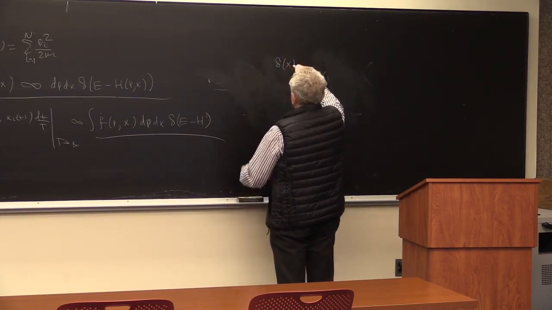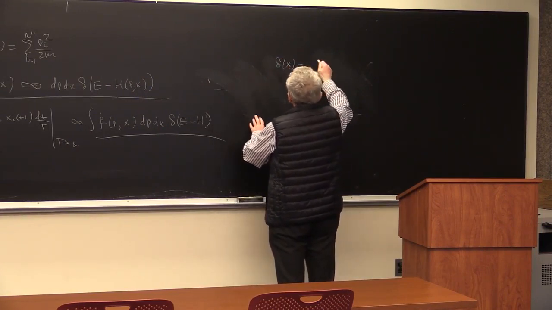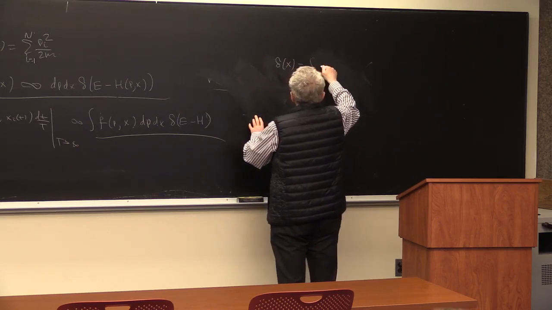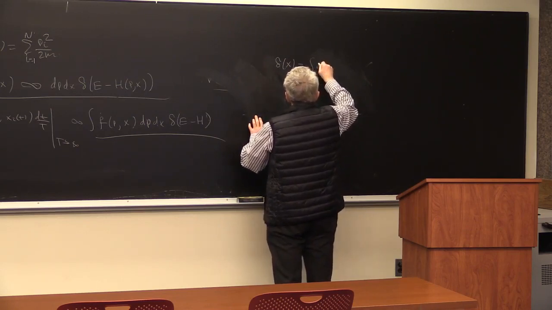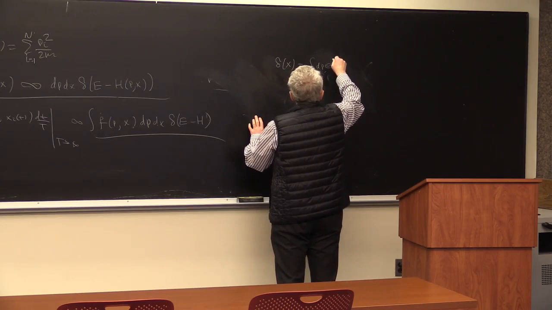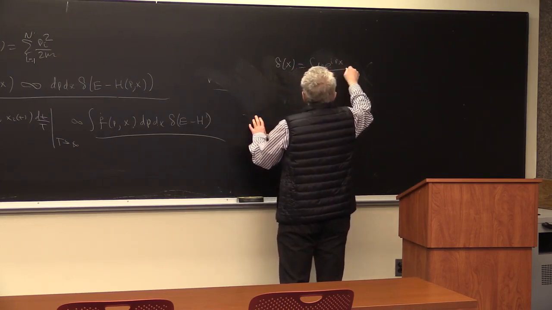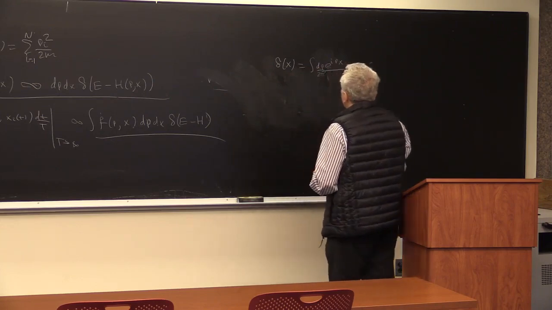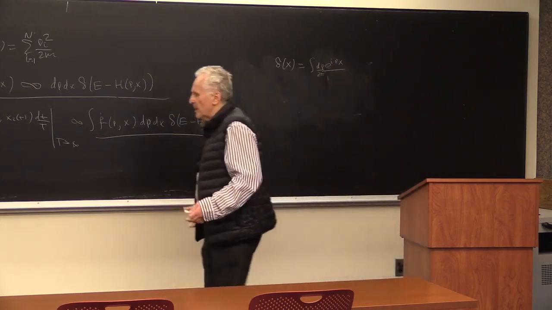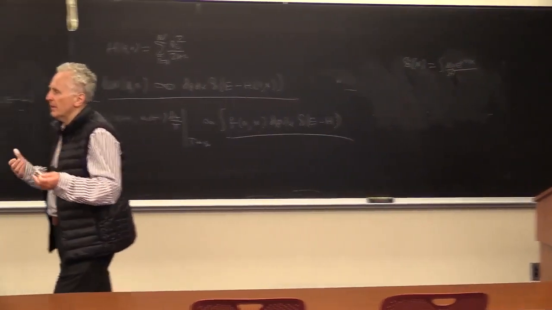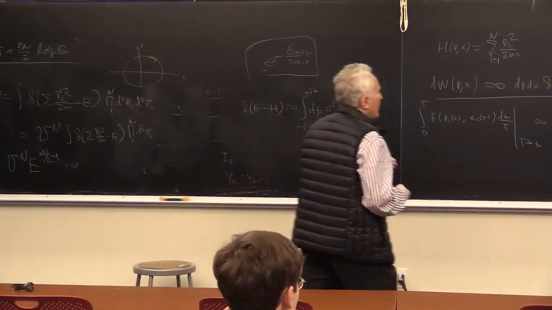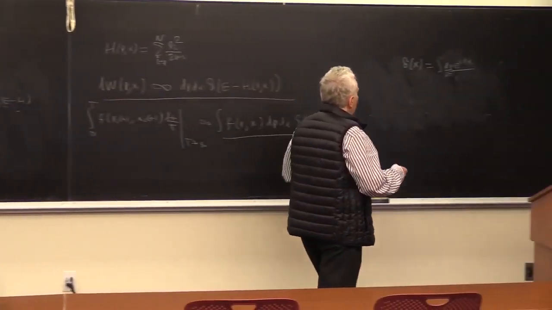The general formula is that the delta function as a function of x, you can always write down as integral dp divided by 2 pi, e to the ipx. That's basically the formula for the inversion of the Fourier transform.